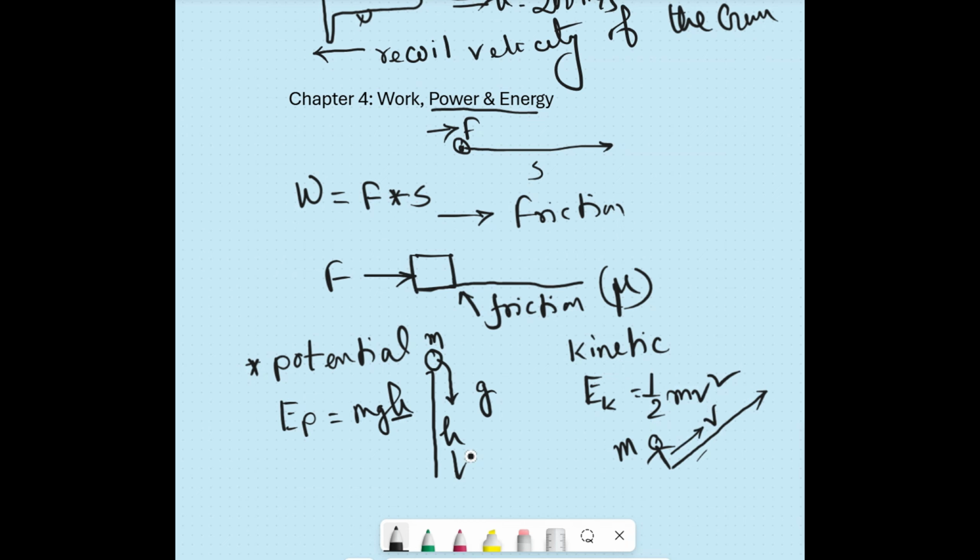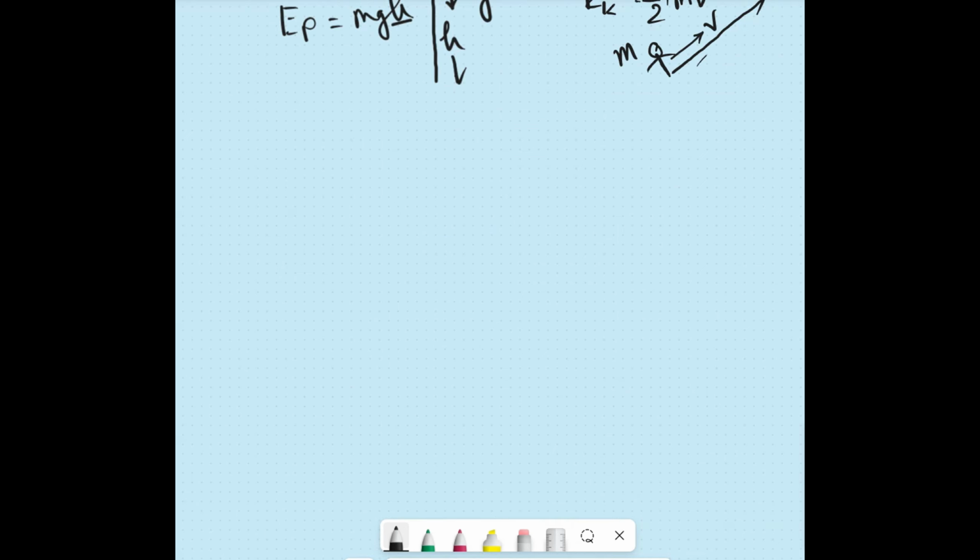And in that case you have kinetic energy, and Ek is equal to half mv squared. We will also explain this equation in various ways; I'm just giving this very short explanation here. Afterward, power is equal to energy over time.